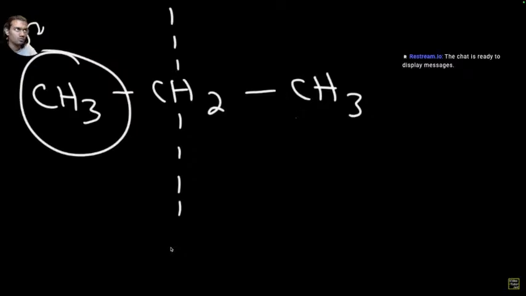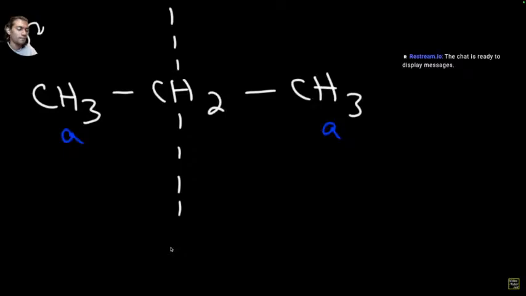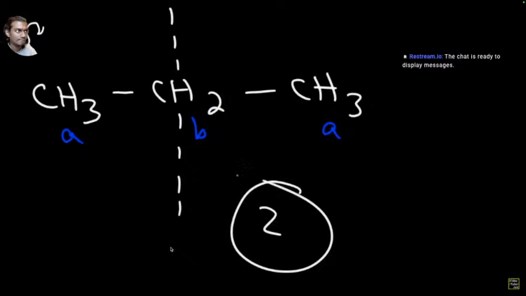When you see that, this tells us that the hydrogens in the methyl groups on the left and the right are equivalent. They're in the same chemical environment. Now, the CH2 hydrogens are different than the CH3 hydrogens, so we can call this signal B. So for this example, we should expect 2 different signals in the H-NMR spectrum.